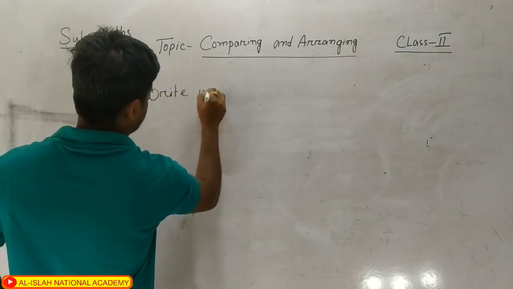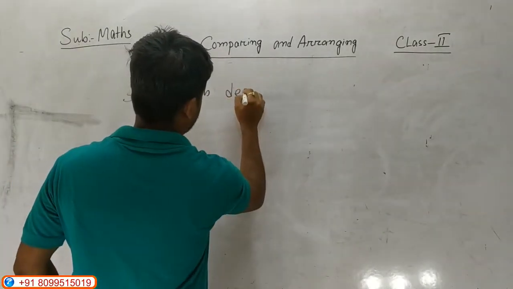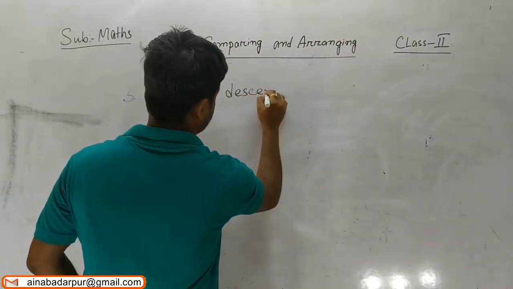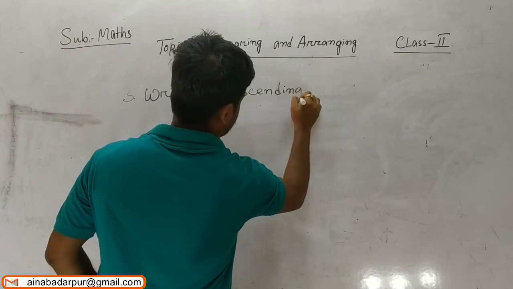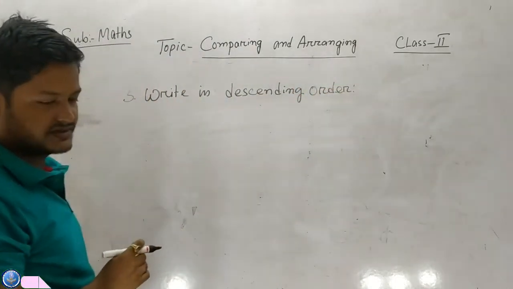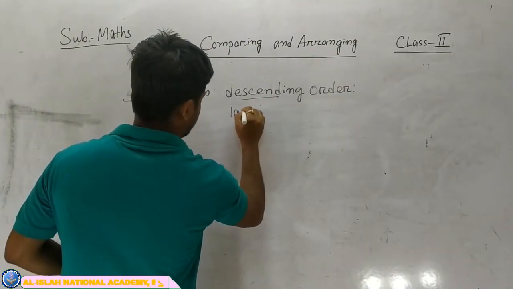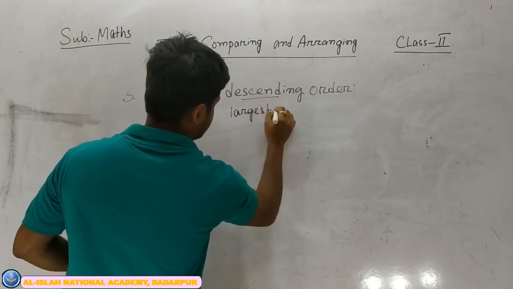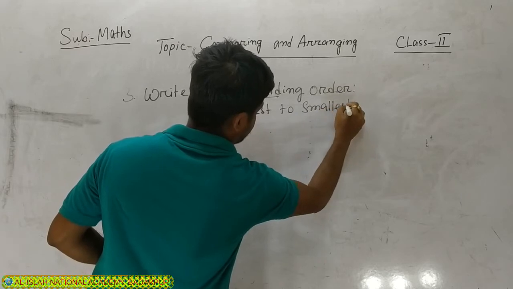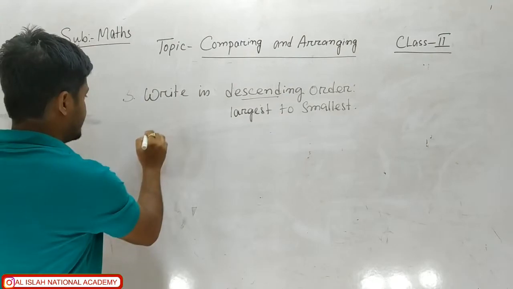Descending order means largest to smallest. These things you keep in your mind. Okay, let's see one example.